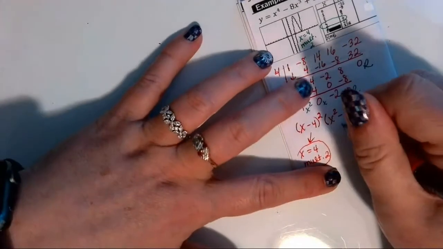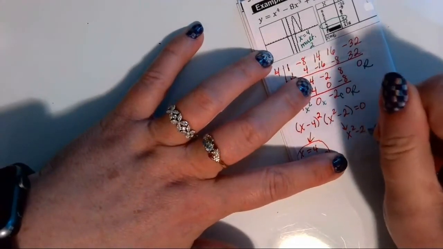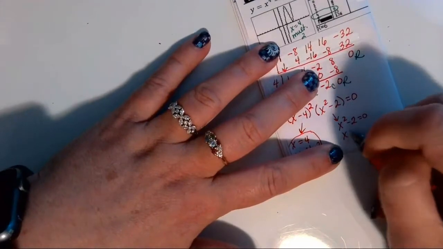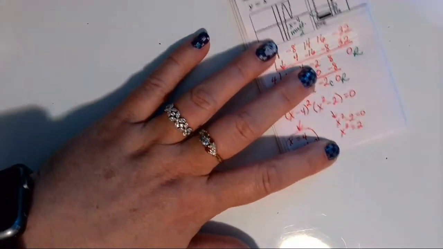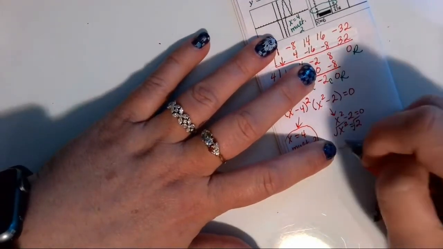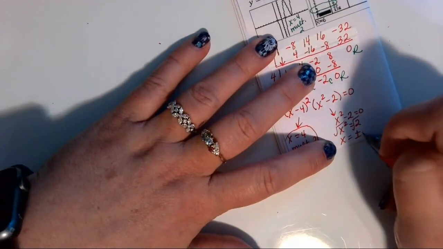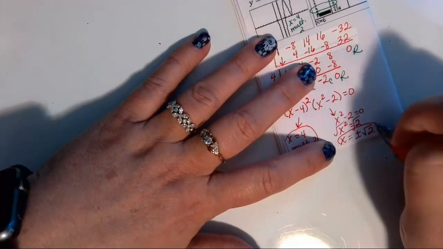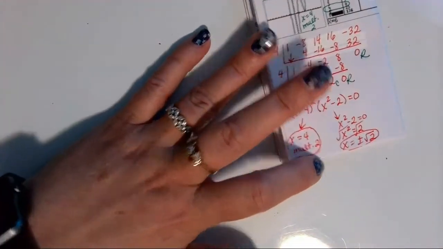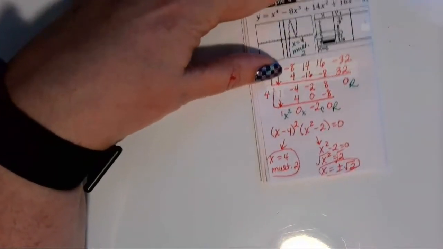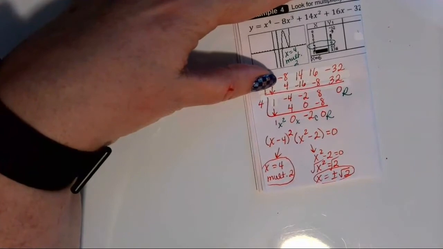And then when x squared minus 2 equals 0, x squared is equal to 2. I square root both sides, and x equals plus or minus the square root of 2. Those would be my real zeros.